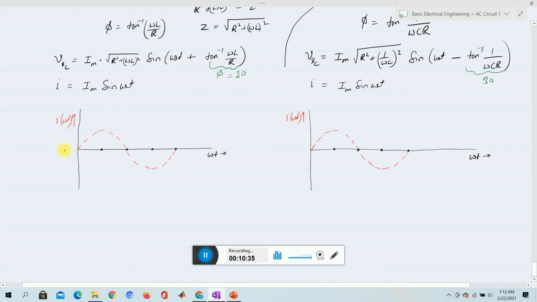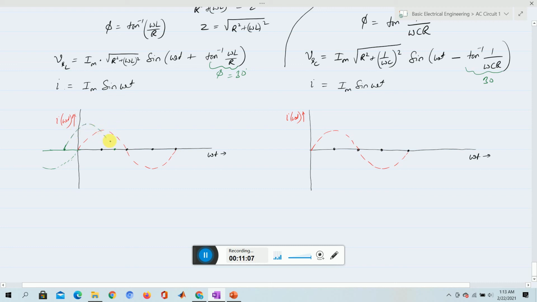So it is actually plus 30, meaning at omega t minus 30 degrees it will start. So if I have that negative waveform of it reflected here, so that I can get the value of minus 30, I can think about having a voltage waveform starting from here, and obviously it is leading by an angle of 30 degrees.